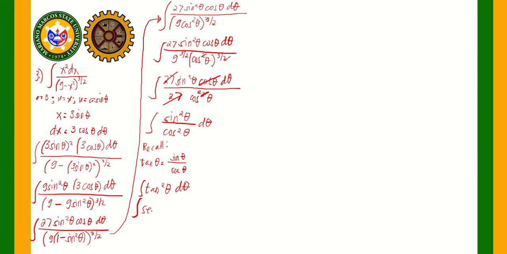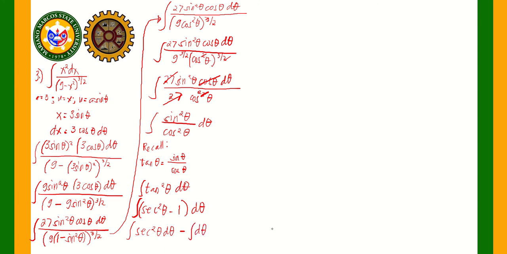So we can rewrite this as the integral of secant squared theta minus 1 d theta. You can find this in our trigonometric identities.